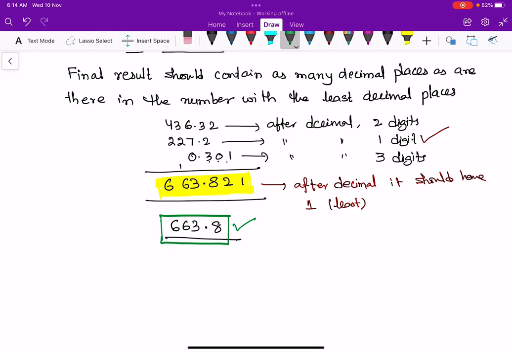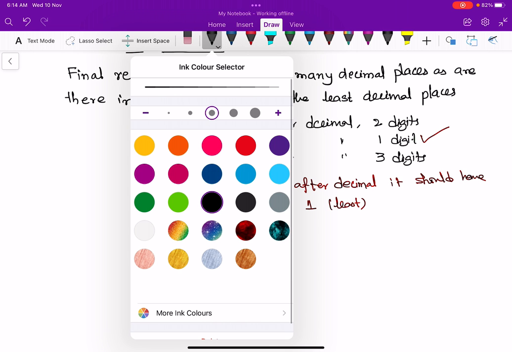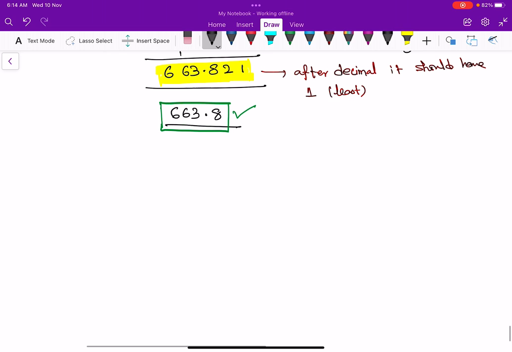So this is addition. Let us see subtraction. 0.307 minus 0.304. What is this? 0.003 meters. So 3 digits, no issue, the least is 3.